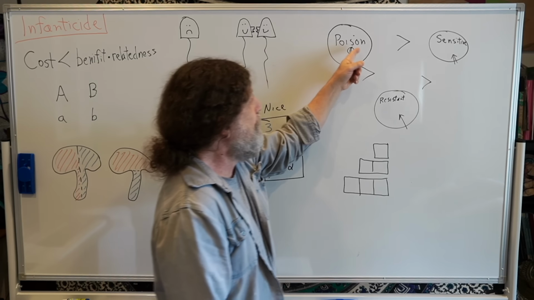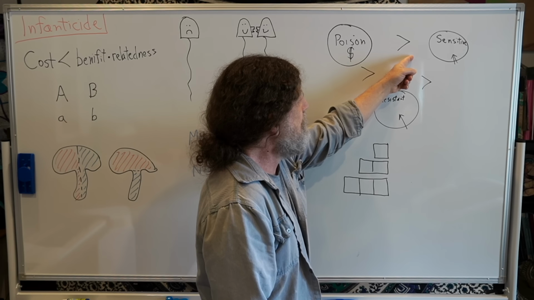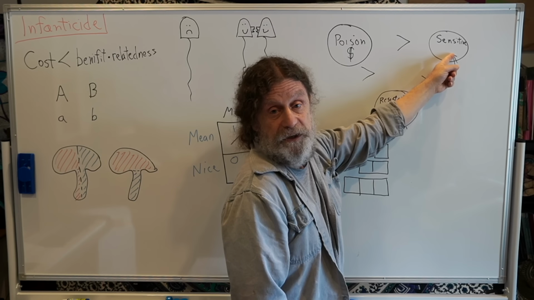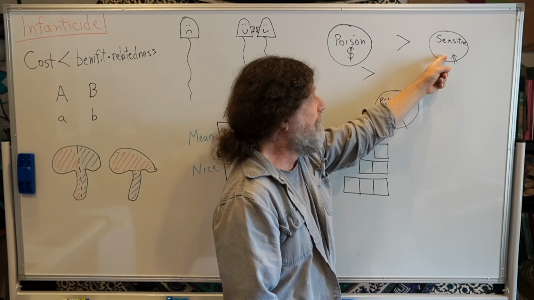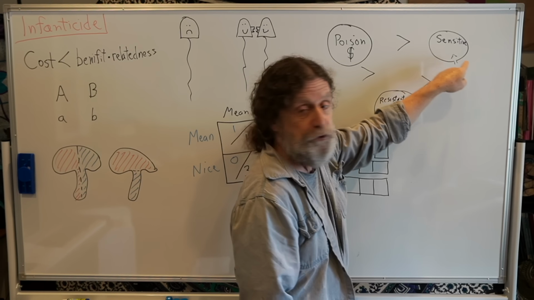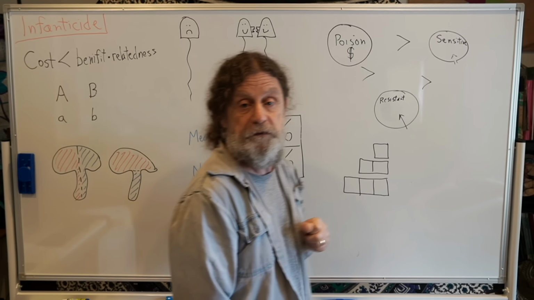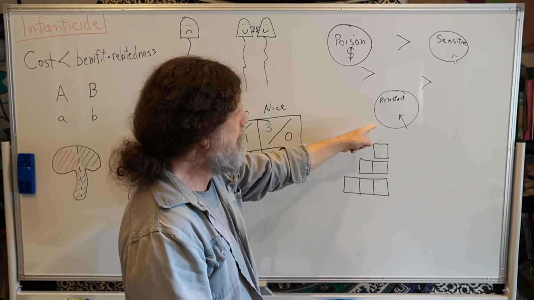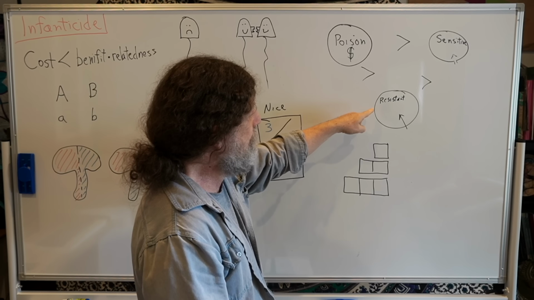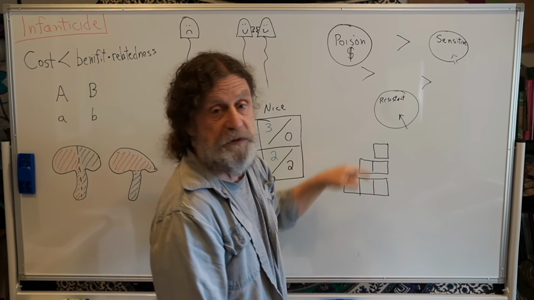It makes this poison, which it could release. The second strain is sensitive to the poison. It makes it less healthy. However, it's very good at taking up nutrients and getting lots of food. The third strain is not poisoned by the poison, but it doesn't take up as much food.